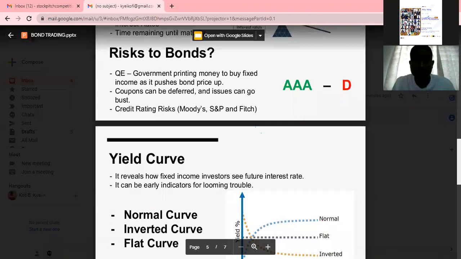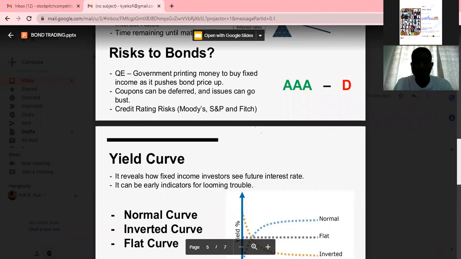This phenomenon happened in China with Evergrande. I don't know if any of you heard about it, where Evergrande is a real estate company where they build and then they rent it out, and they also work with issuing bonds to the investing public.